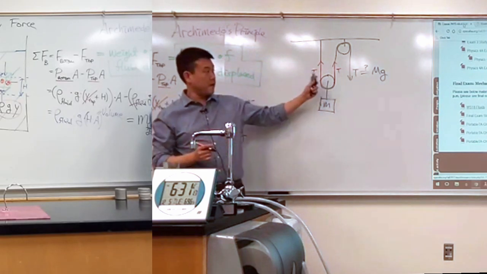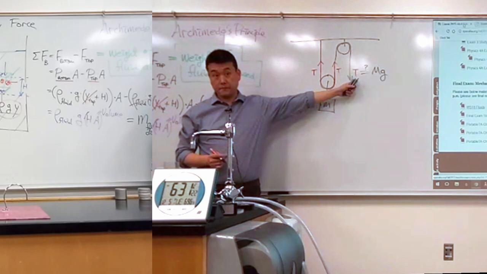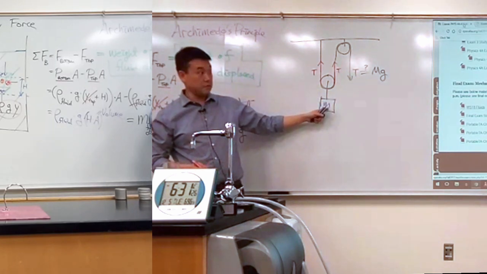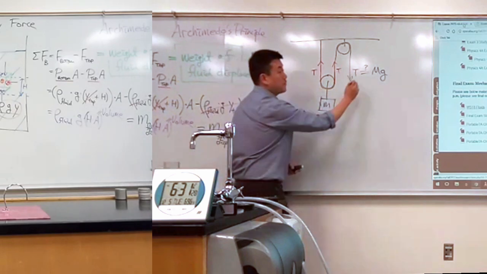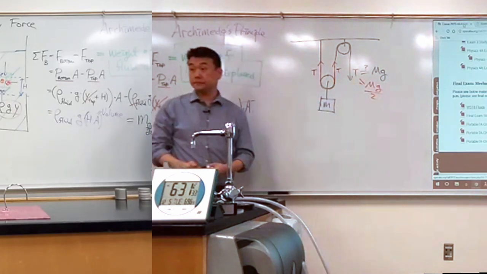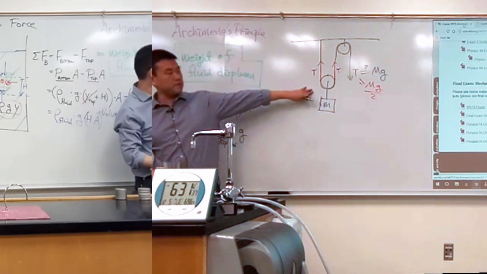So on this pulley are two upward tensions of the same amount T, which is going to equal the weight of this thing. So that means my tension must be half of mg.